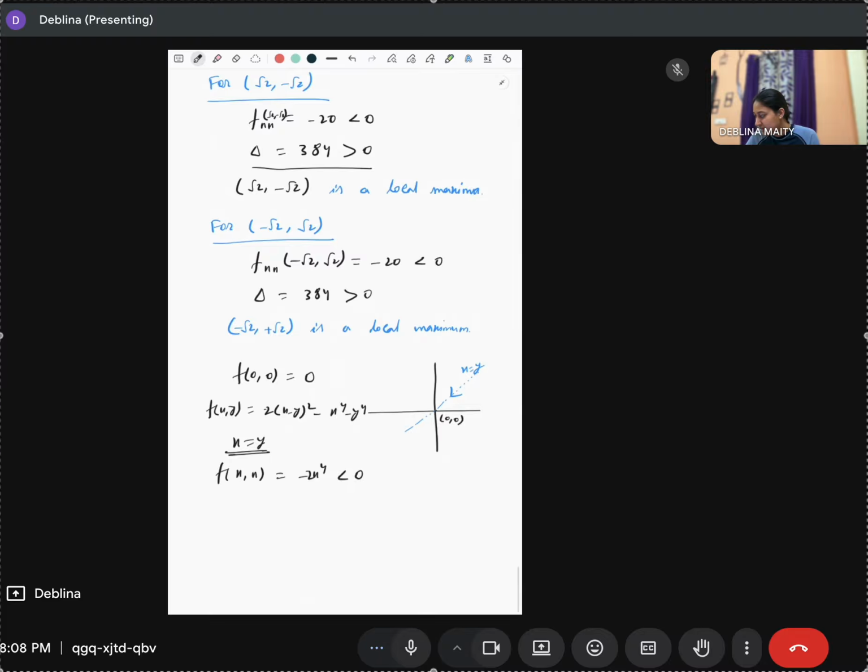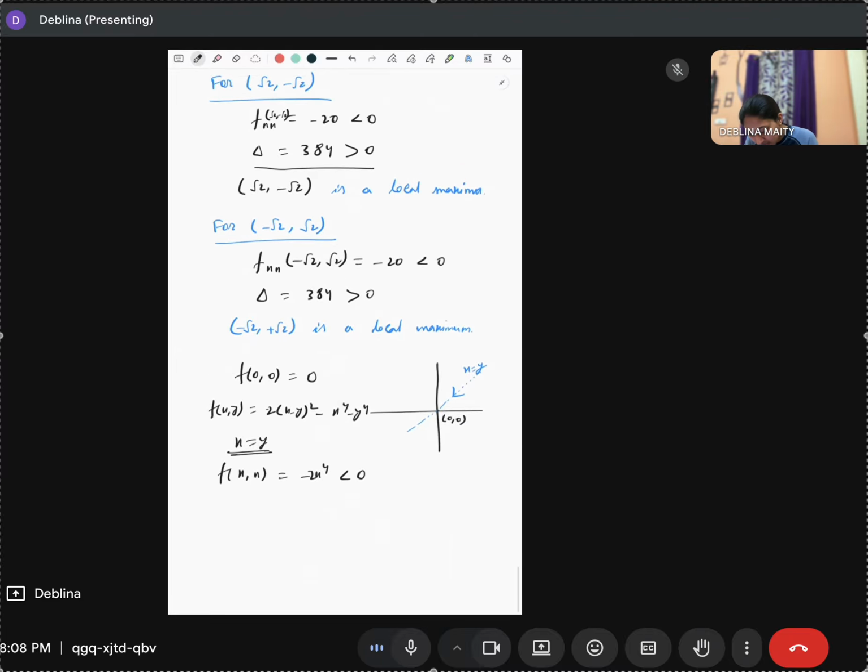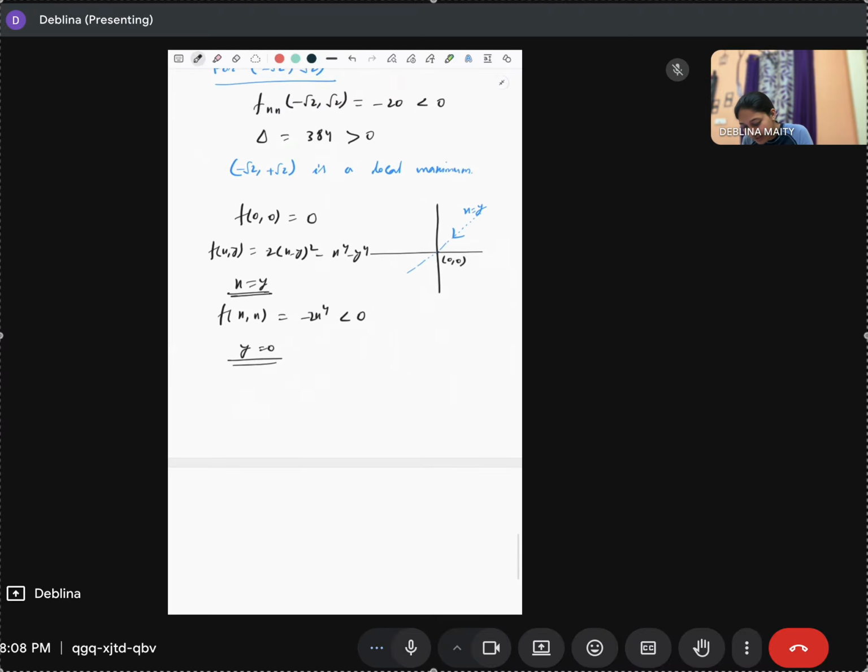Now take another direction, the x direction. X direction means y equals to 0. If we take this direction, then f x0 is what? F x0 is 2x square minus x to the power 4, which is x square into 2 minus x square, right?